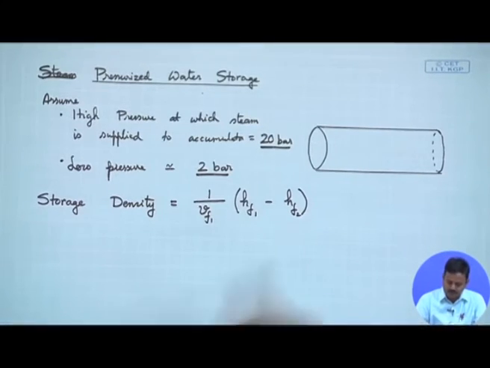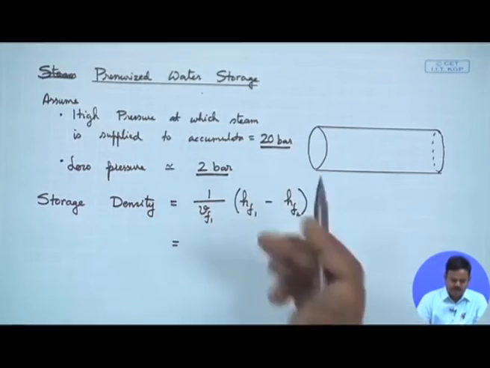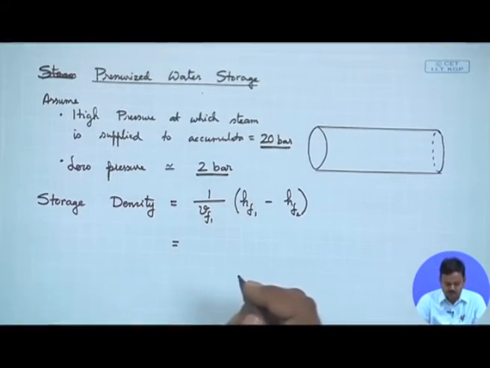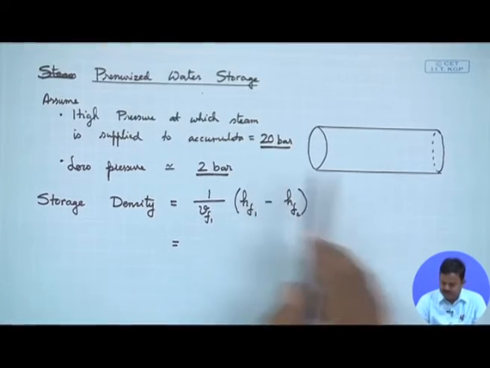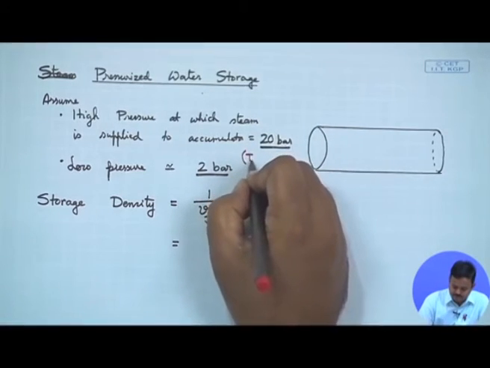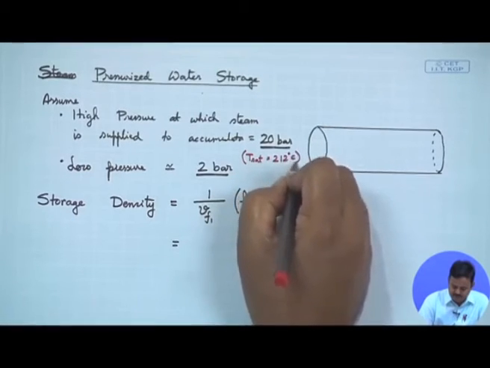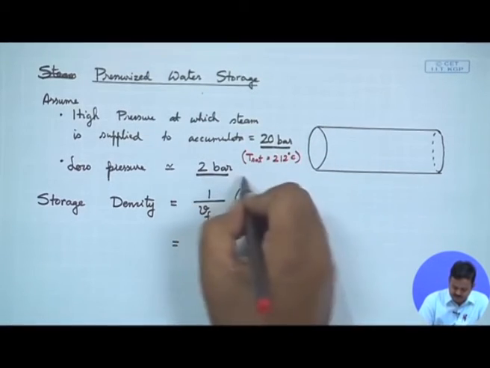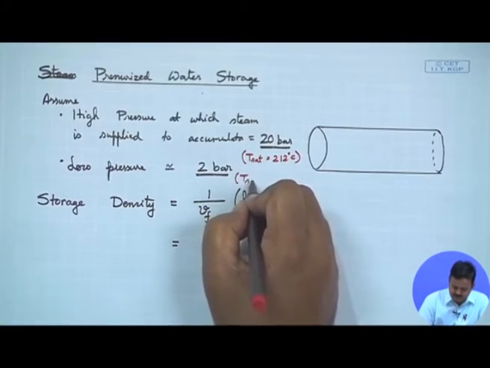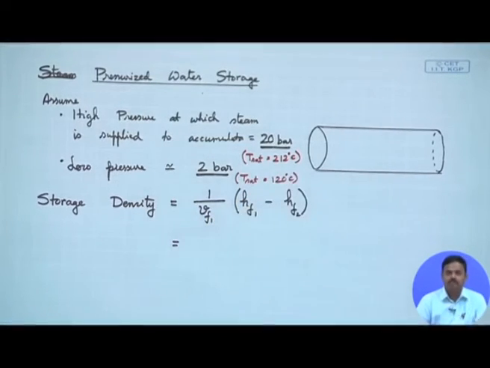Clear? So, again, if we just take these values and look up the steam tables, which you can do, you will see that at 20 bar the saturation temperature is 212 degrees centigrade, and here the saturation temperature is 120 degrees centigrade.